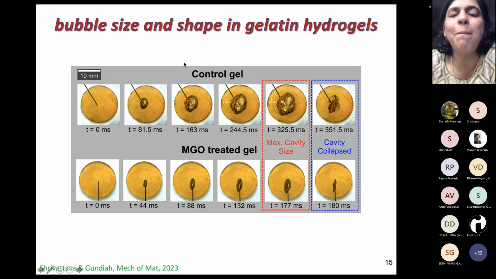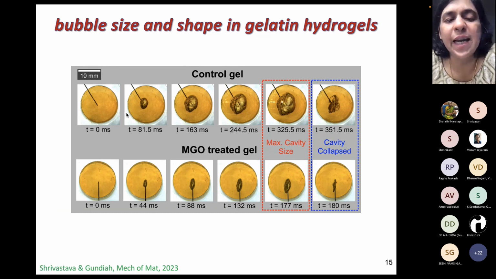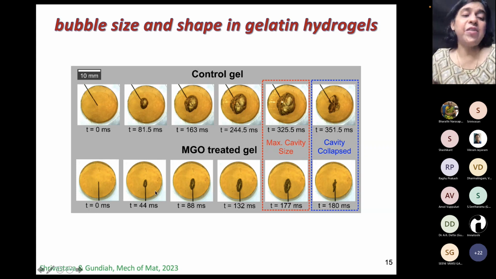So what you see on the top panel is the inflation taken from about, I think it was 2000 frames per second with a high-speed camera. The top row is control hydrogel, and the bottom one is MgO treated hydrogel. Both dimensions are approximately the same, but we see some very interesting behavior.